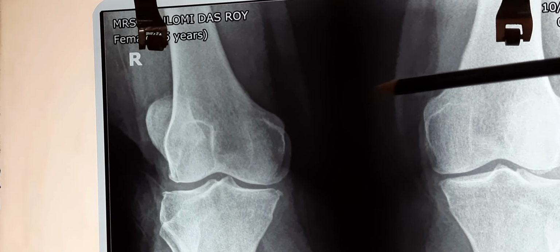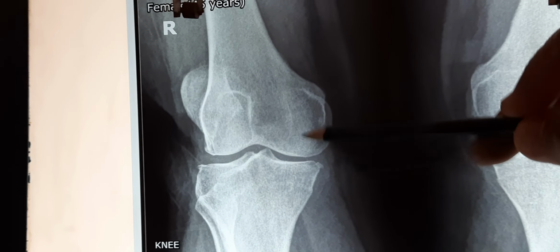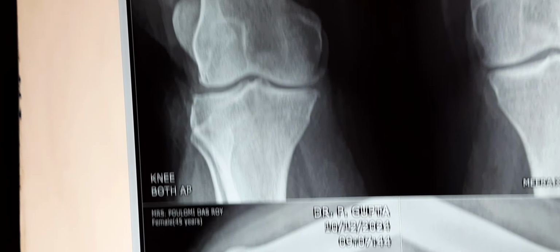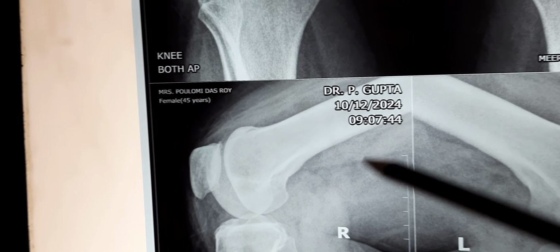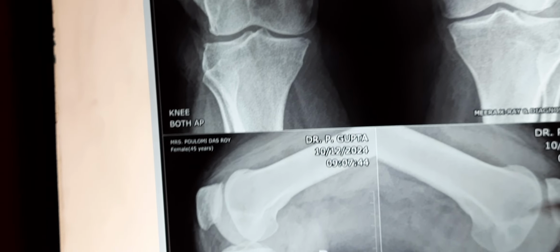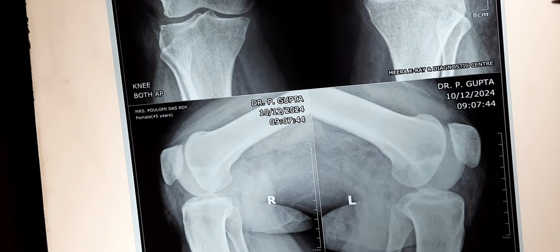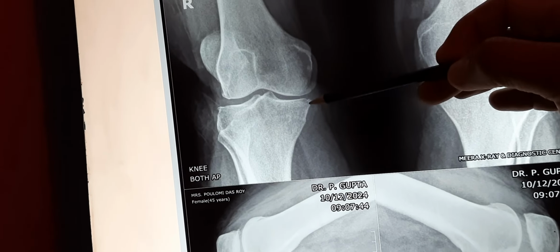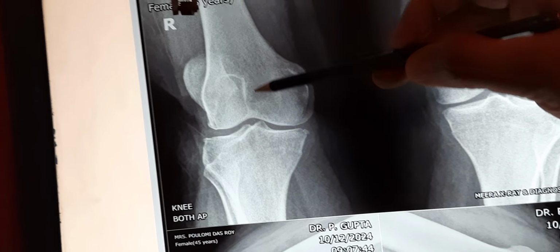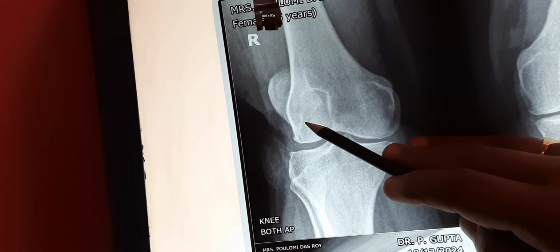As we are talking about the X-ray, this is the AP view, and this is the lateral view, and this is the right side X-ray, and this is the left side X-ray of the patient. And what we are seeing over here in the AP view, we can see a bit of shadow over here.